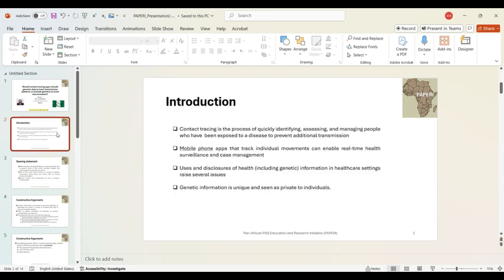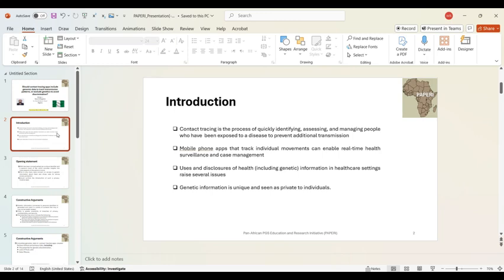Introduction. Contact tracing is the process of quickly identifying, assessing, and managing people that are infected or exposed to a disease, and this will prevent or curtail subsequent transmission to others.